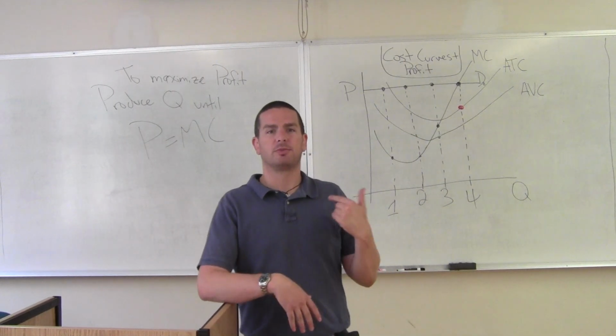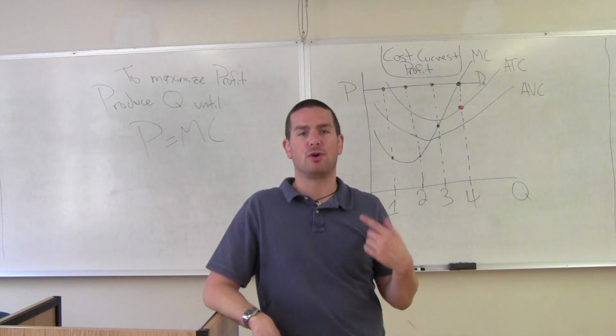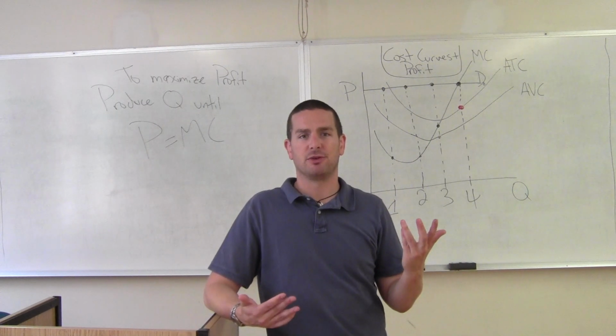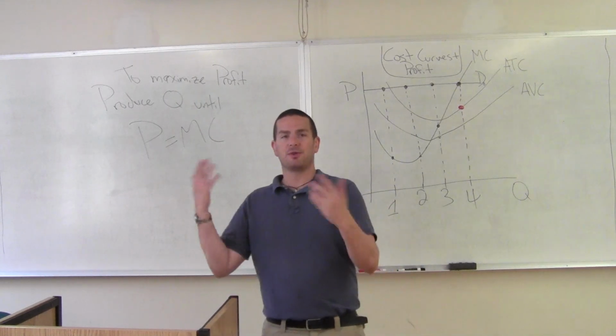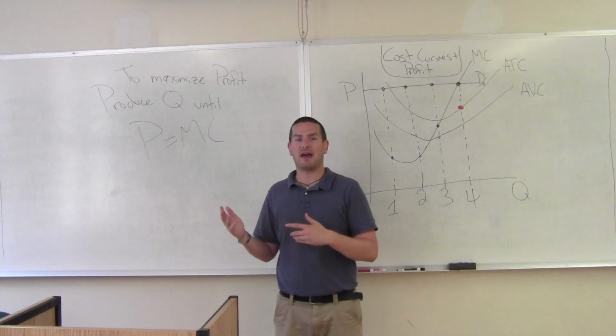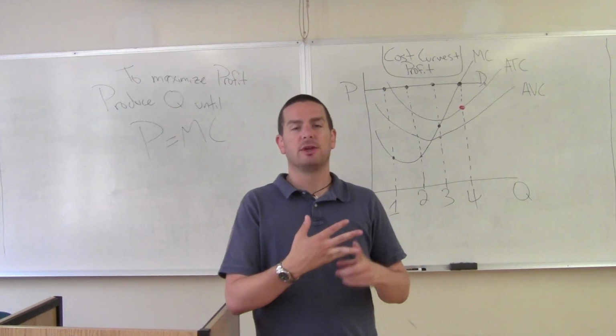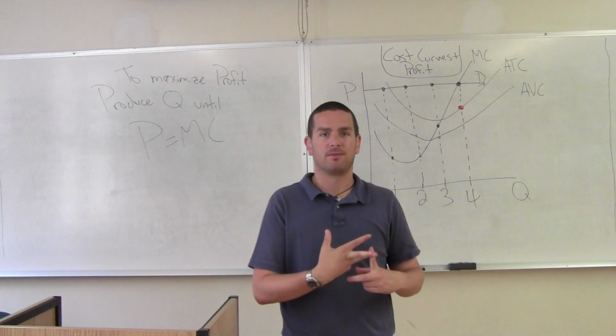What is price and marginal revenue also equal to? It's equal to average revenue, right? If you remember all the way back, about half hour ago, I said that price is equal to marginal revenue, which is equal to average revenue.